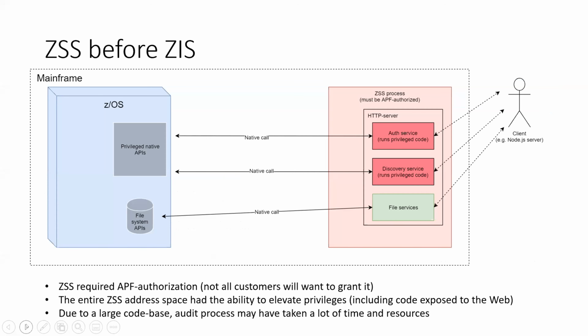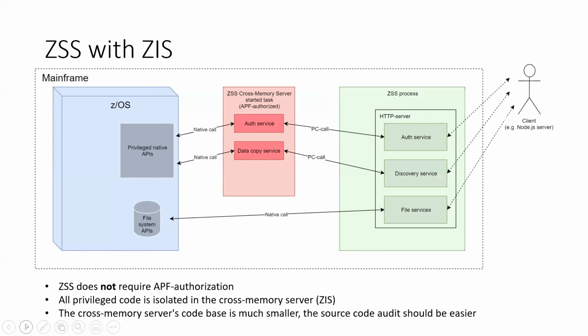When people write a new server on the mainframe, they might write a C program or a Java program. When we were developing the Zowe UI, we built an HTTP server and made various native calls, but it wasn't really robust because we had to have privilege in that ZSS process. So it got a second level of design, before the first release, I hope, where there is a ZIS in the middle, the red box.